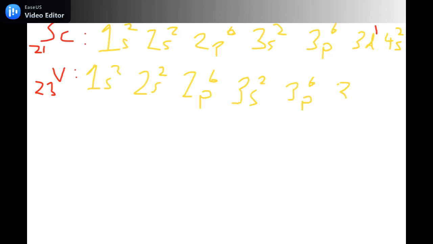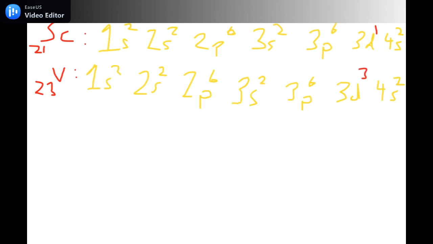We'll first write 3d, but we'll first fill 4s. So this means that there are 2 plus 2, 10, 18, 20 electrons, and then 3 remain. So 3d will have 3 as its number of electrons.